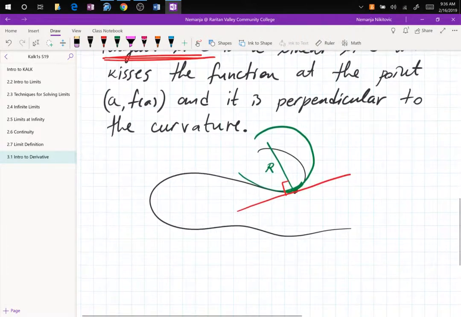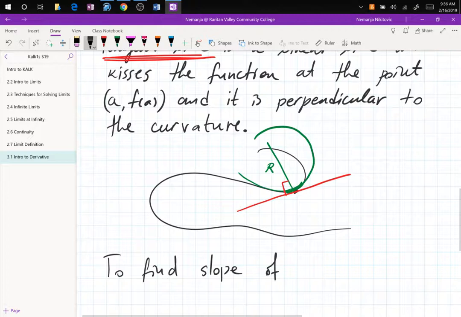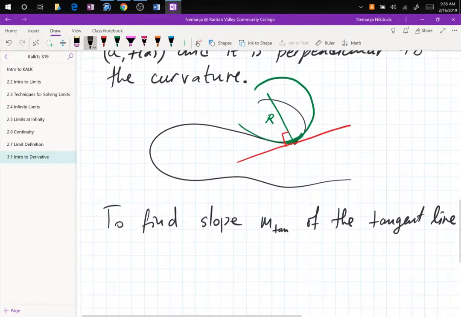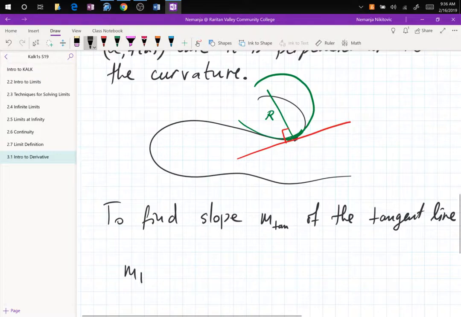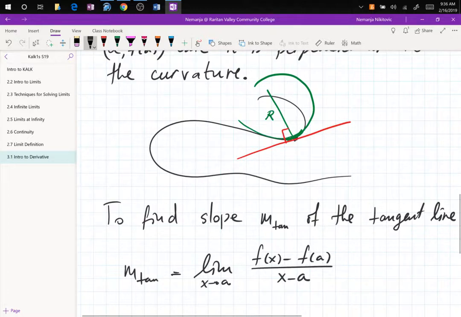So now, to find the slope m tangent of the tangent line, we say m tangent, and you told me it's supposed to be the limit as x goes to a of good old (f(x) minus f(a)) divided by (x minus a).